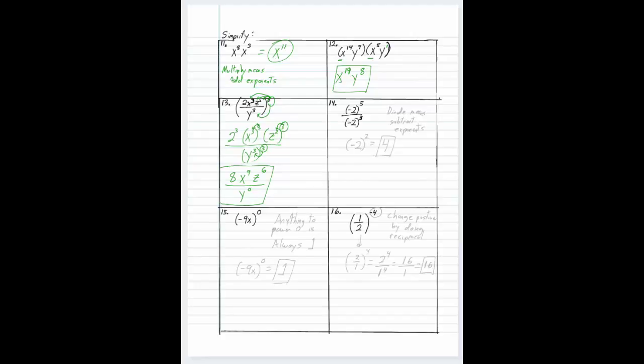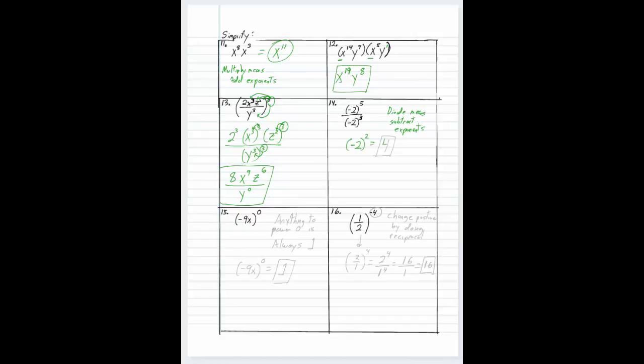Okay. Remember how when multiplying we add exponents? Well, when we divide, that means we will subtract exponents. And 5 minus 3 is 2, so what we're really dealing with is -2 squared.